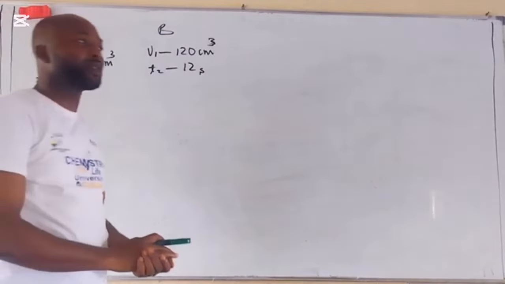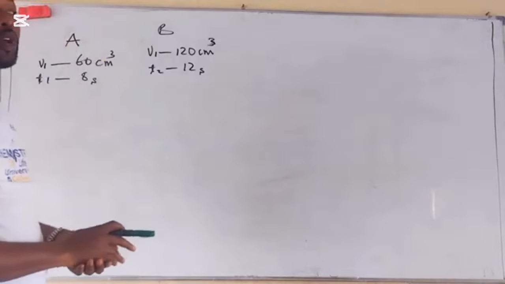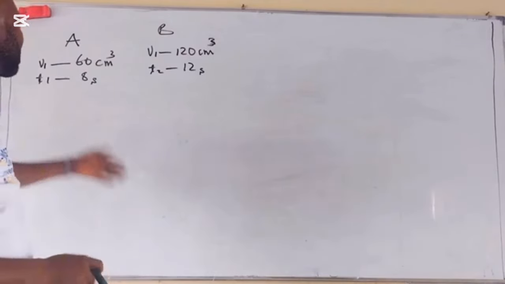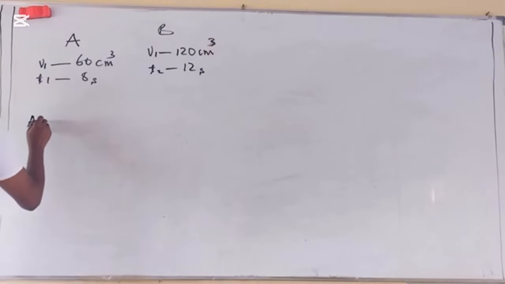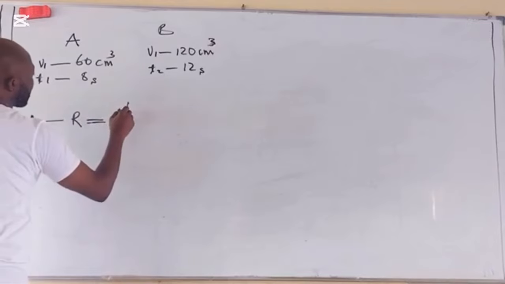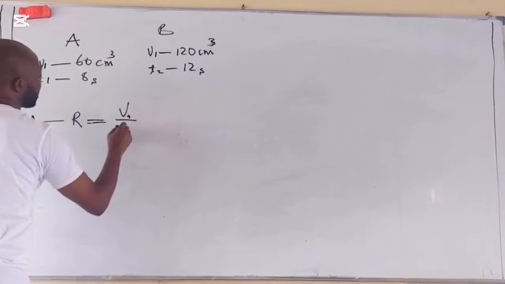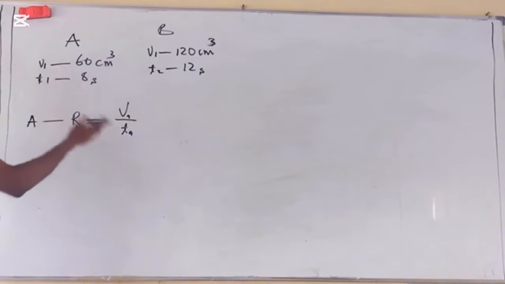This is interesting. The rate of diffusion of the two gases. Remember, I told us earlier on in the formula section that rate is equal to volume over time. So I think this is where it comes. So gas A rate is equal to V A over T A, as the case may be, if I want to call it one or thereabout.